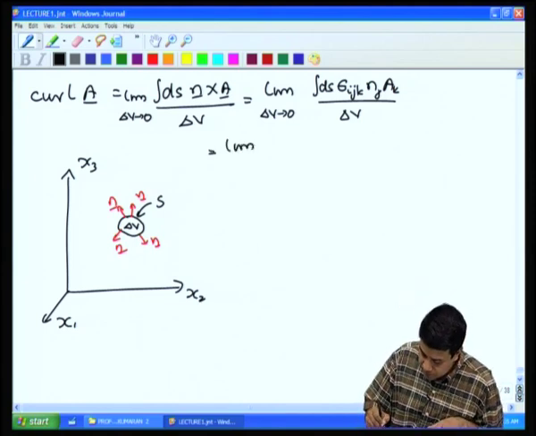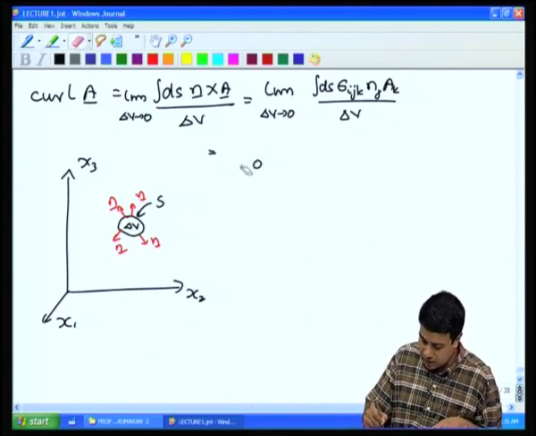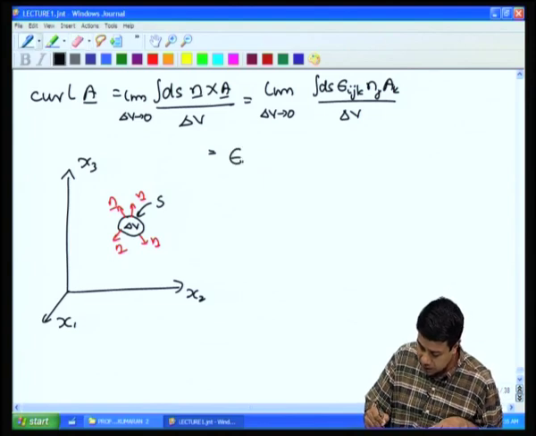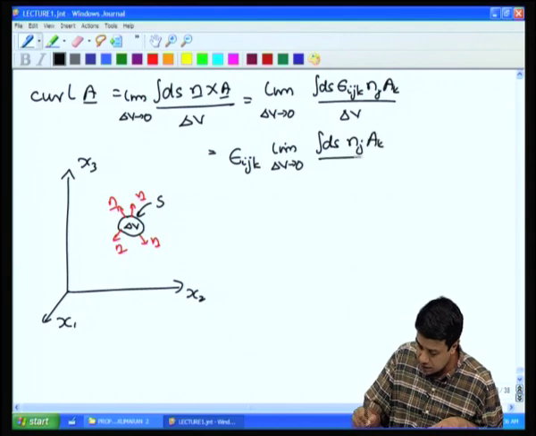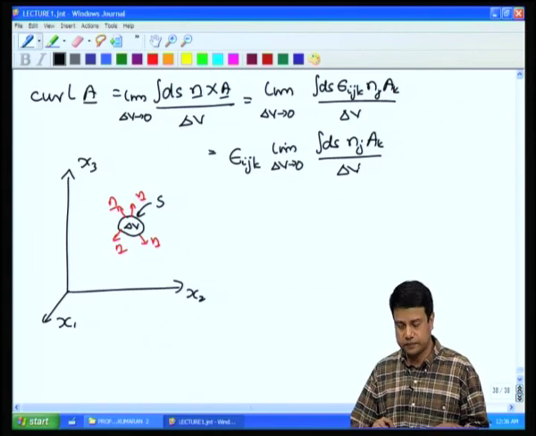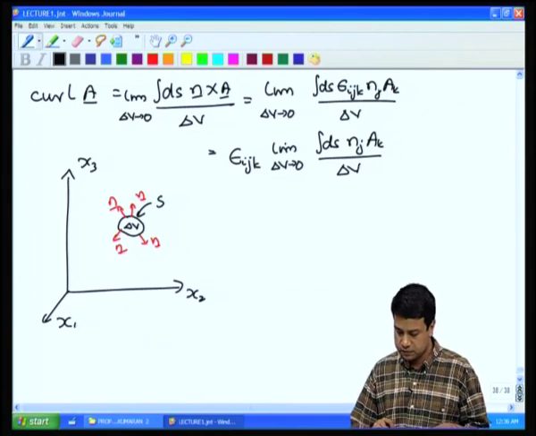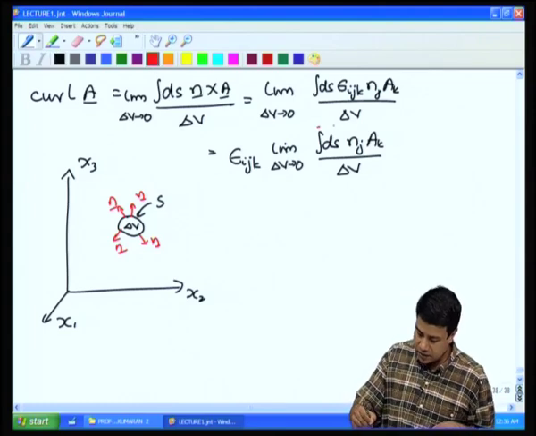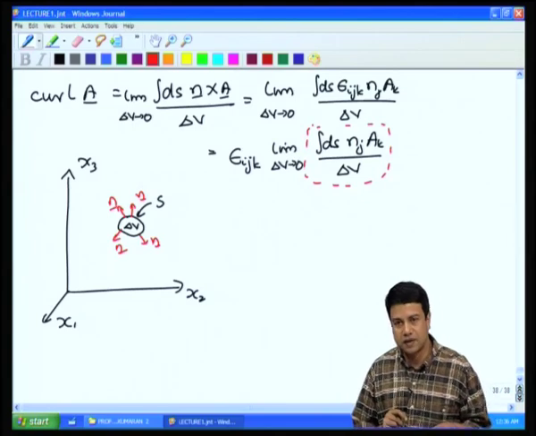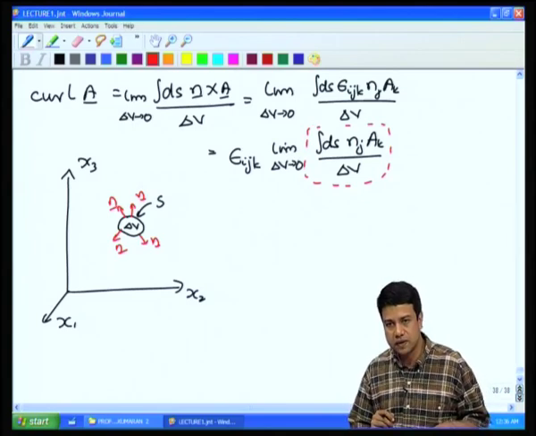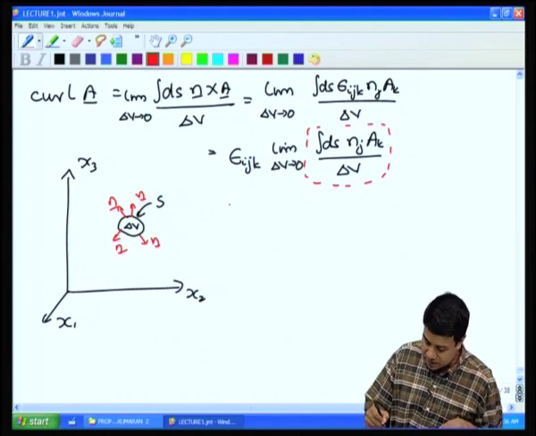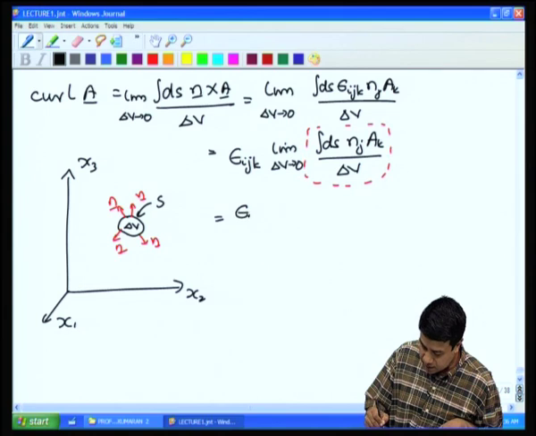Therefore, I can take the antisymmetric tensor out, and I will get epsilon i j k times the limit as delta V goes to 0 of the integral ds n j a k by delta V. And of course, this I had already evaluated for you in the context of divergence, and you know that this is equal to epsilon i j k partial a k by partial x j.